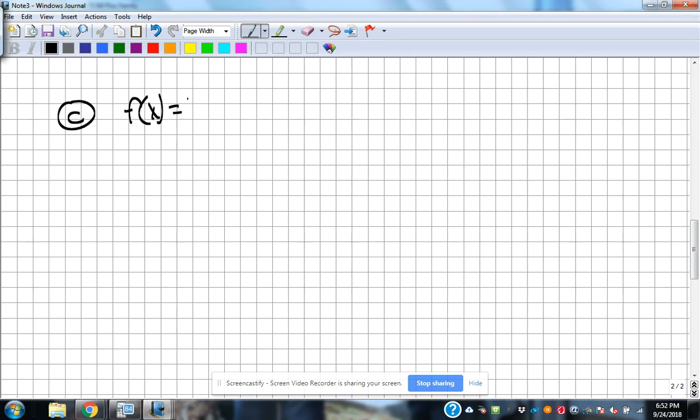f of x is equal to, let's do -x plus 2. Help you a little bit.